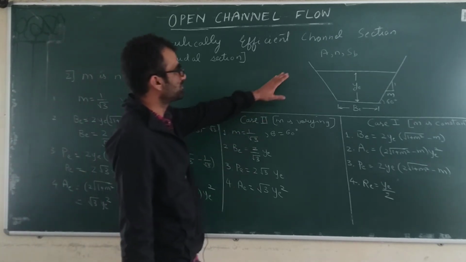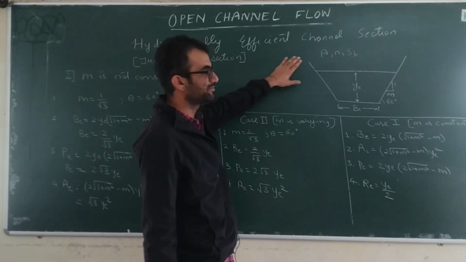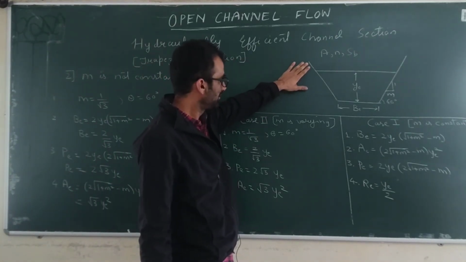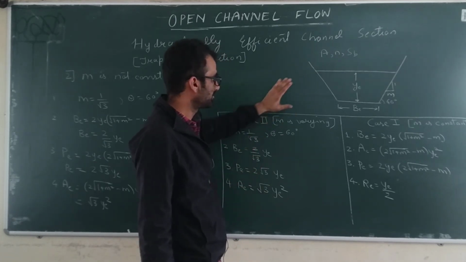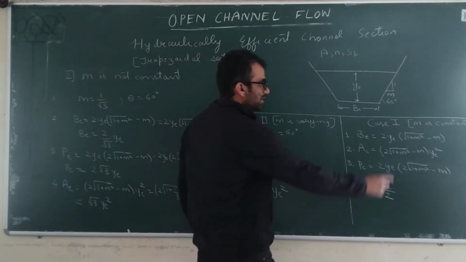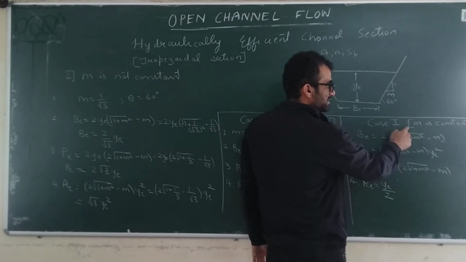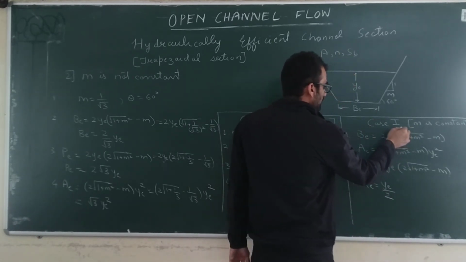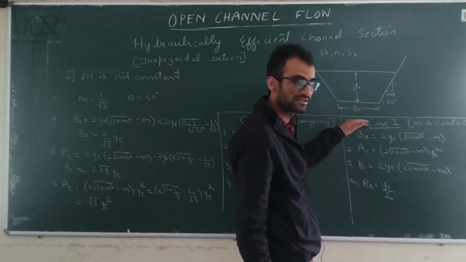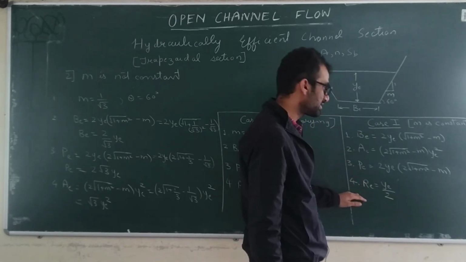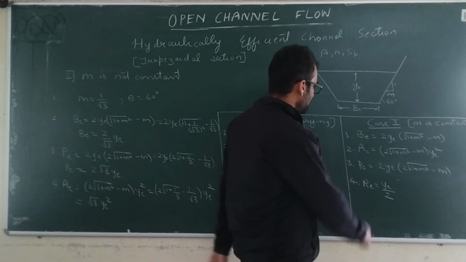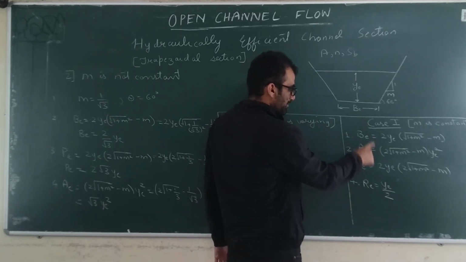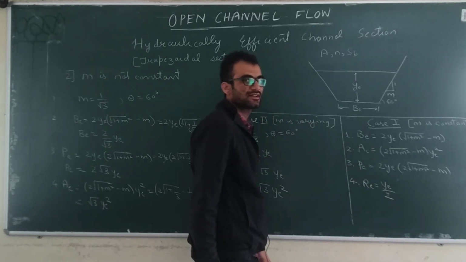Suppose you want to solve a problem on a hydraulically efficient trapezoidal section. You first have to find out whether m is allowed to be changed or m is constant. If m is constant, if you cannot change m or it is already given in the problem, then you have to use these formulas for the proportions of the hydraulically efficient trapezoidal section.